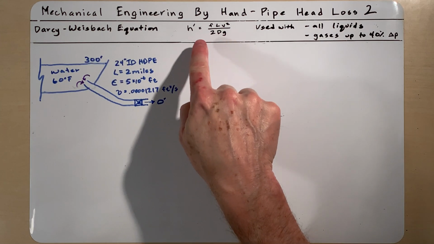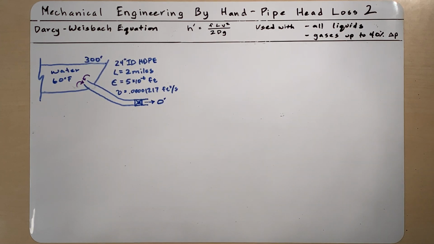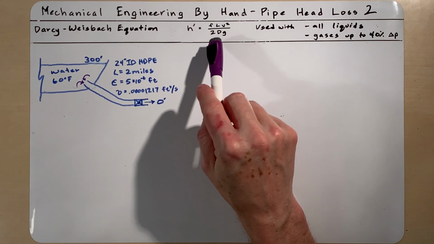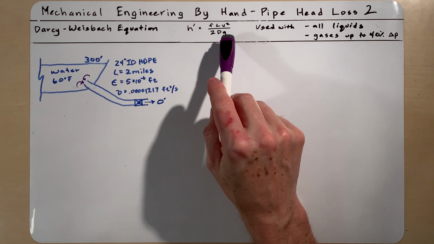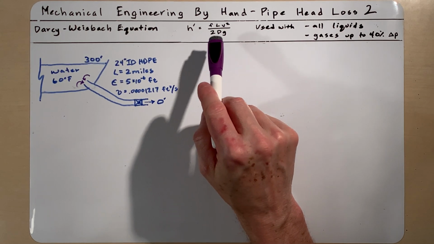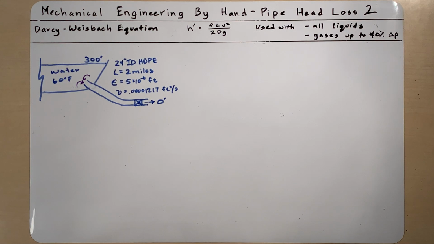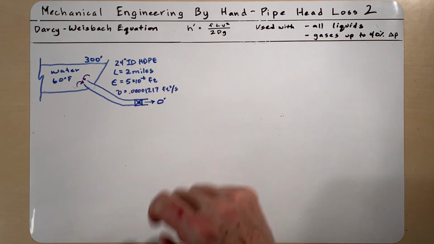We will use this equation, which is head loss in feet is equal to friction factor times the length times velocity squared divided by 2, diameter, and gravity. So we know what the head loss is going to be.